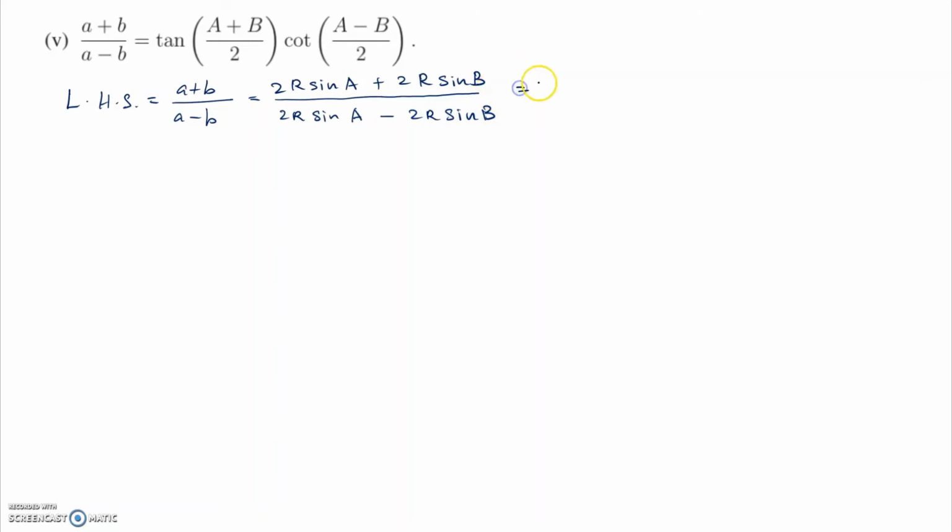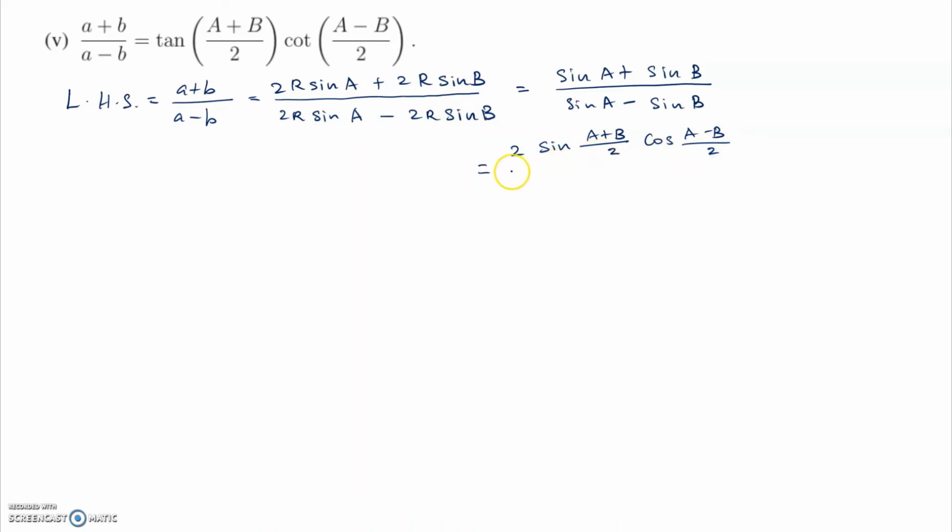So this is taking the common terms out. You have now sine A plus sine B divided by sine A minus sine B. The 2r is common for both the numerator and the denominator. So this sine A plus sine B can be written as 2 times sine A plus B by 2 into cos A minus B by 2.